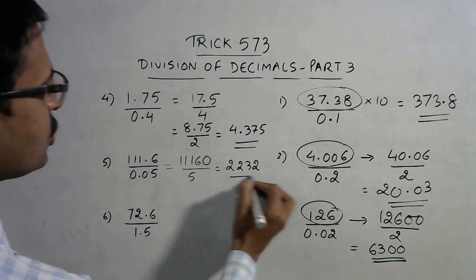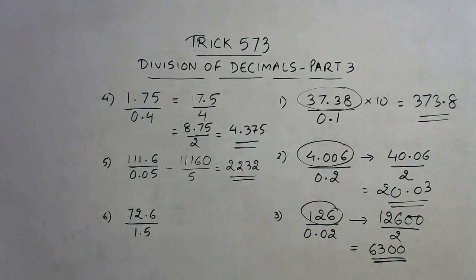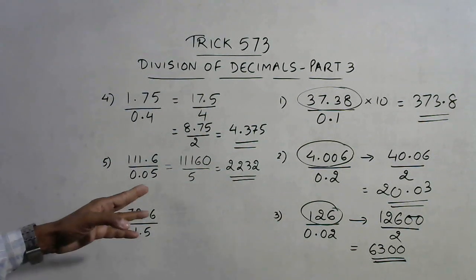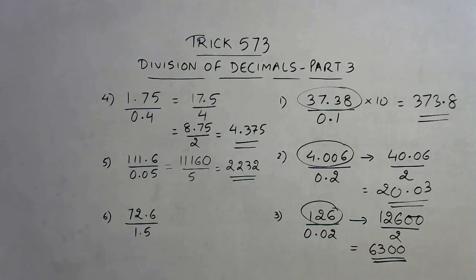So 2232 is the answer when we divide 11.161 by 0.05. A very easy question, and I know that a practice of 1 hour is required to master this skill, but it is not that tough that you should leave it in exams and spend a lot of time on this. This is something you need to solve in very little time.